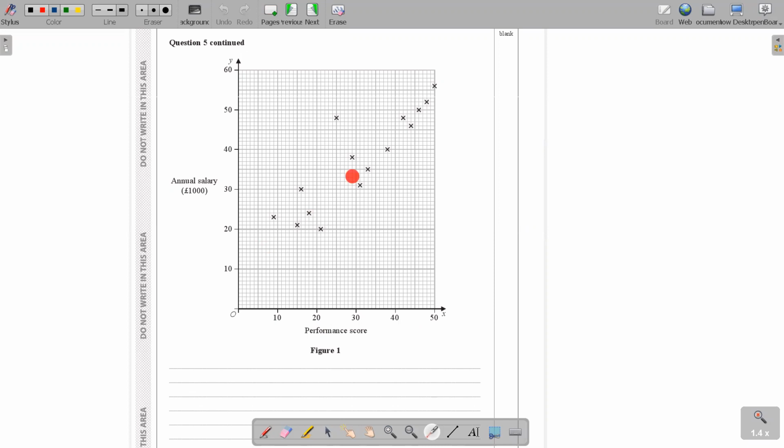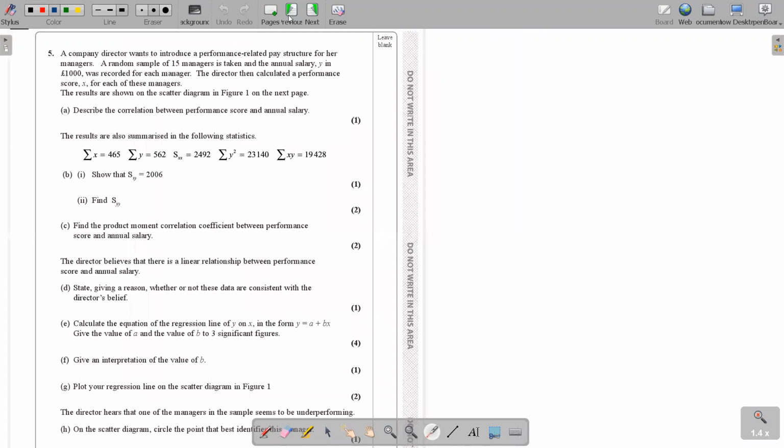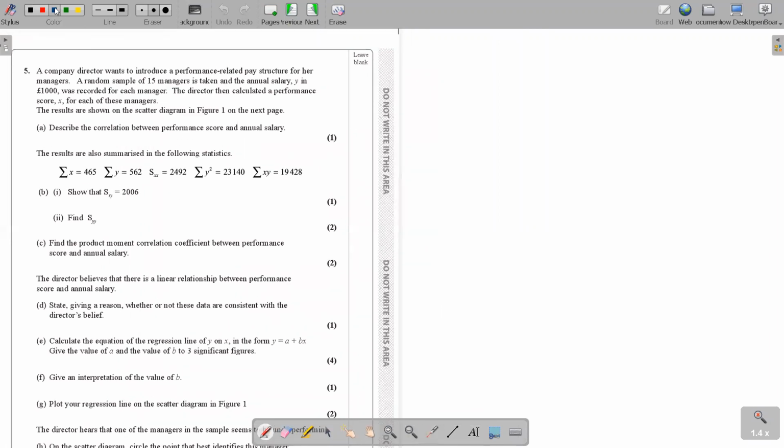So kind of like you roughly see a pattern like that, right? Is that okay, children? Okay, so write that answer. So just 1 mark, you just have to write that. So you can write the salary increases as the performance increases. Okay, so that's roughly the idea that we can see.